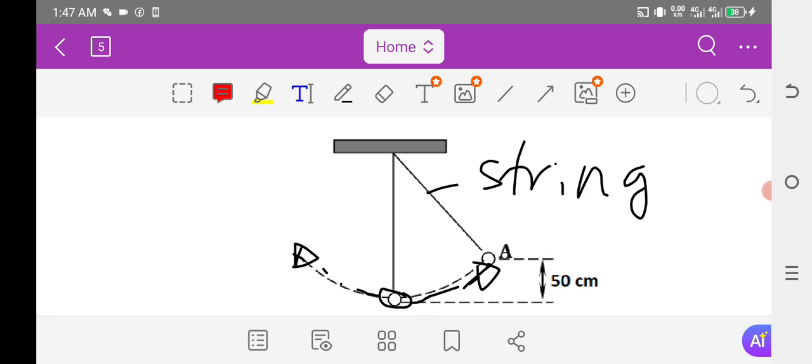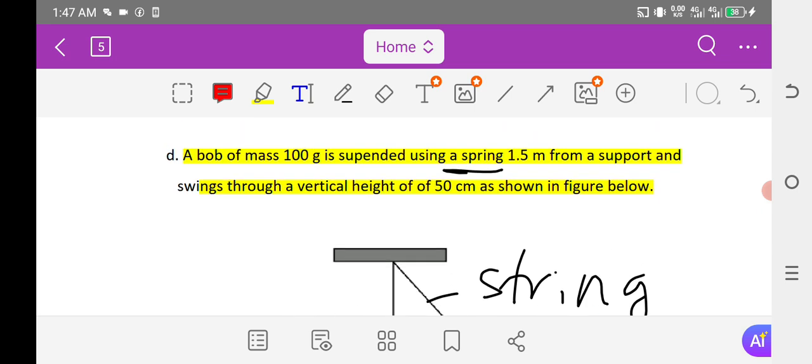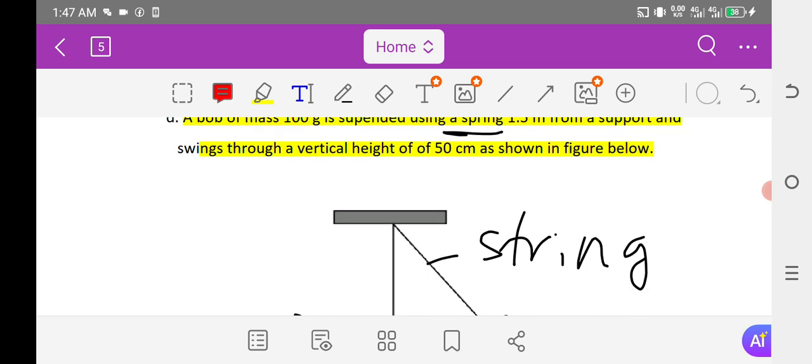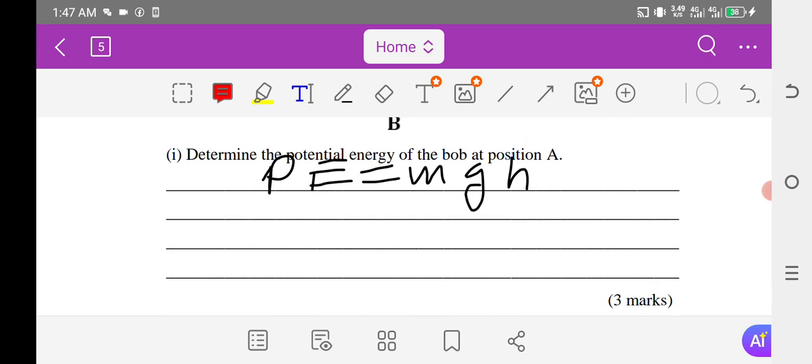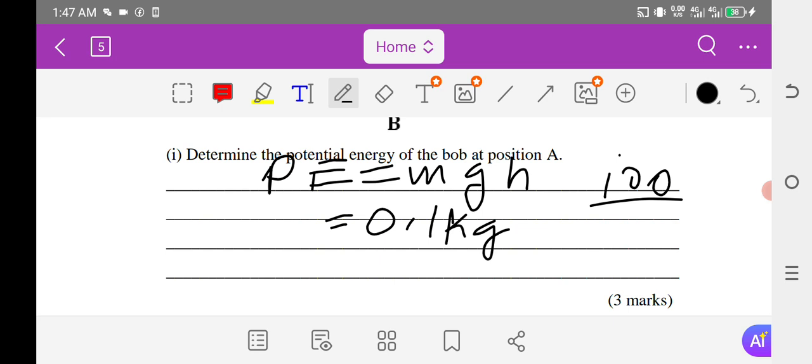The mass, we are told, is 100 grams. In kilograms, that's 0.1, because we are converting the 100 grams to kilograms by dividing by 1000.